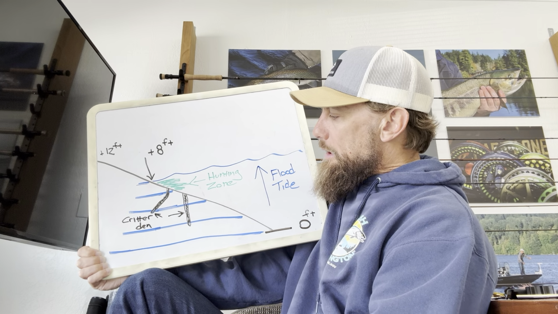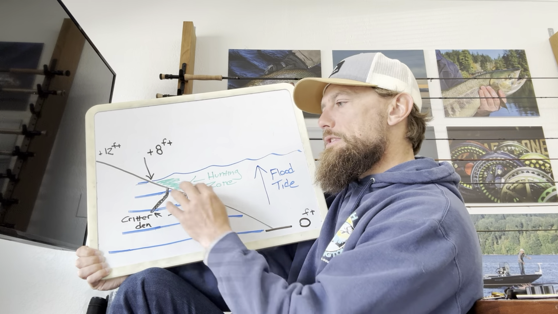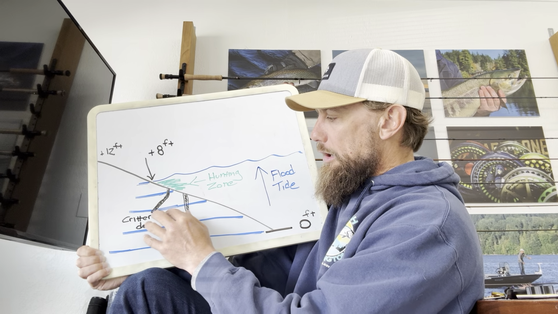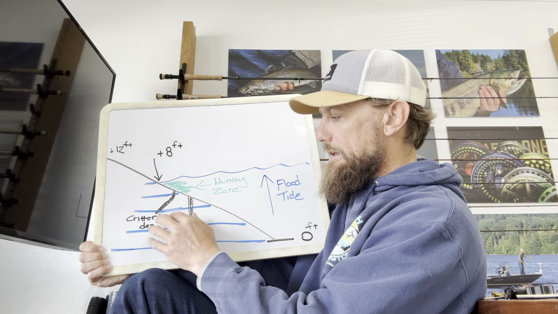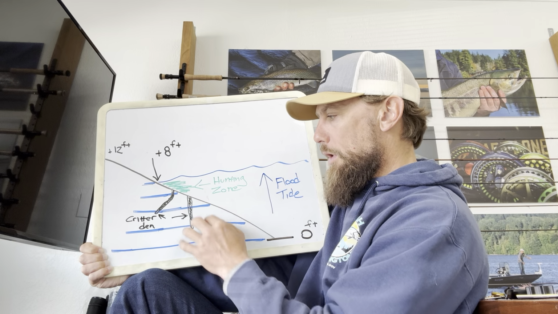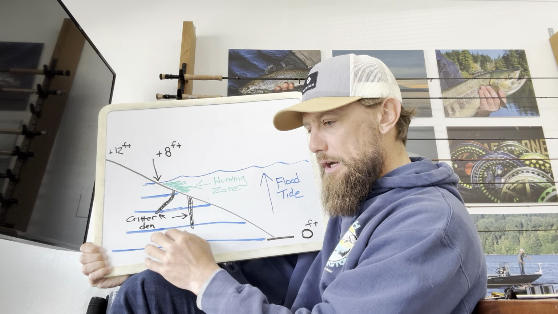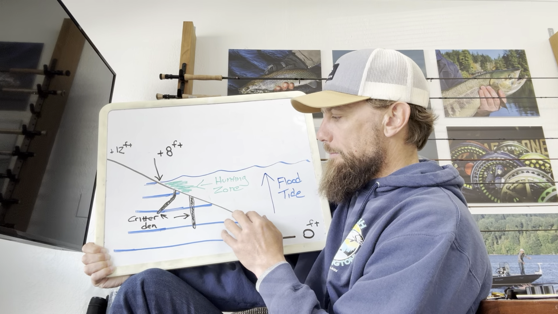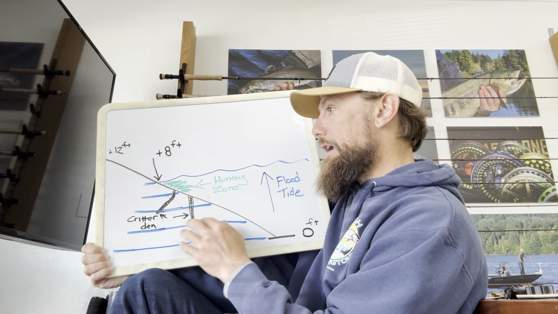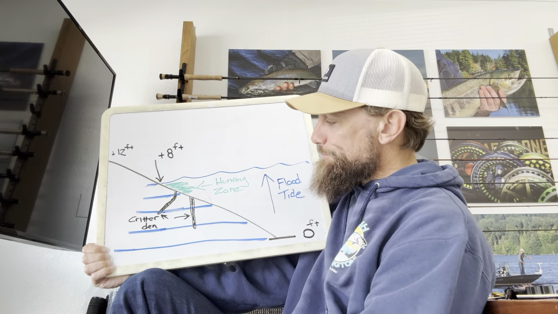Okay, so the animals in the burrows and dens, they are able to sense the tide height by the water that is infiltrating or exfiltrating from their dens, and they adjust themselves accordingly.